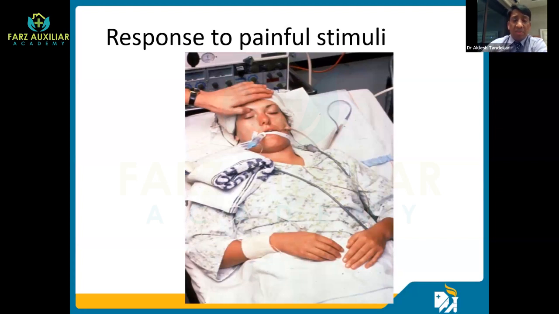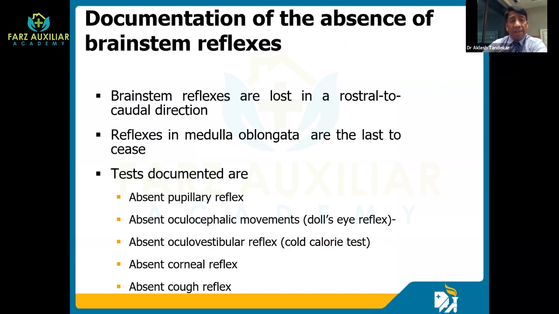Whenever a painful stimulus is given, we should see the motor movement. We should also be able to see eye opening. The patient will not give a verbal response, as the majority of these brain dead patients will be ventilated. So it is very essential to identify the motor movement and the eye movement.